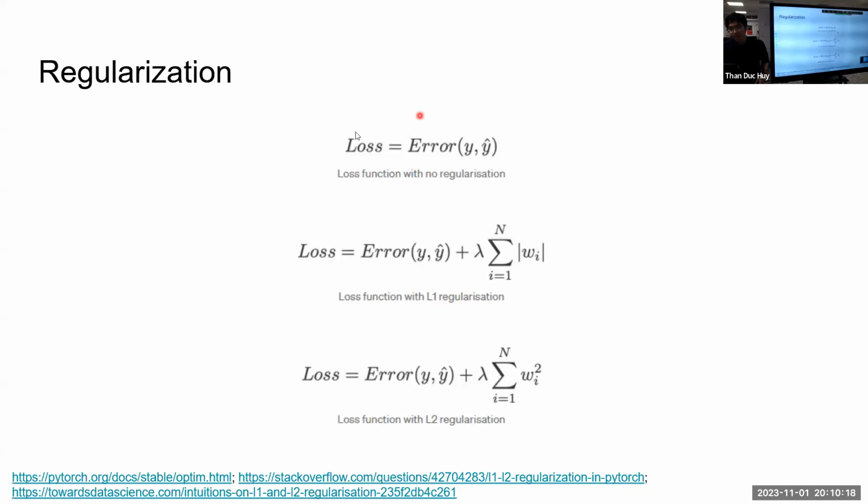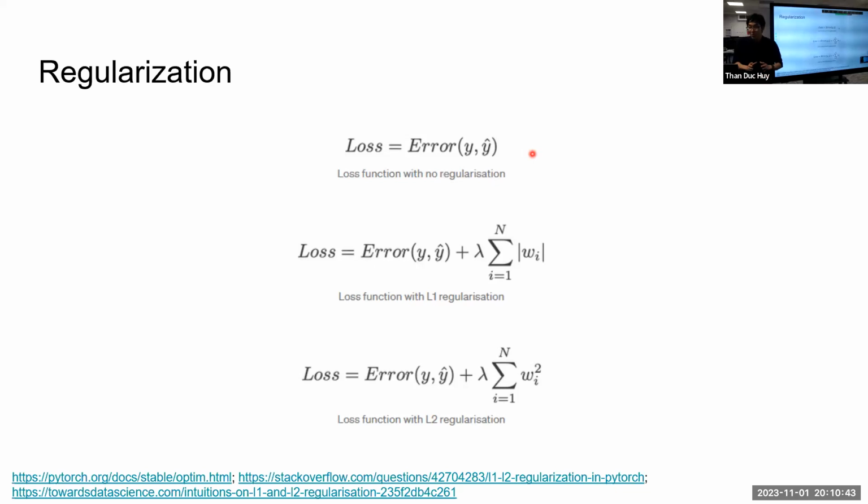If there is no regularization, the loss equals the error between y and y hat, the prediction and the label. So we have the standard loss function, and as we update, the weight will converge towards an overfitted weight, right?